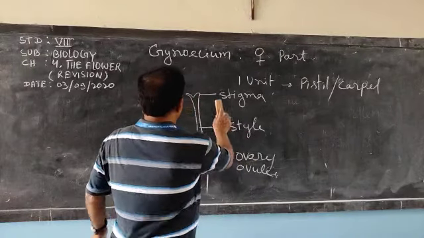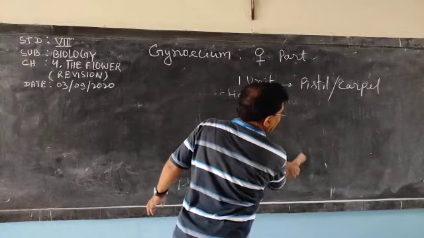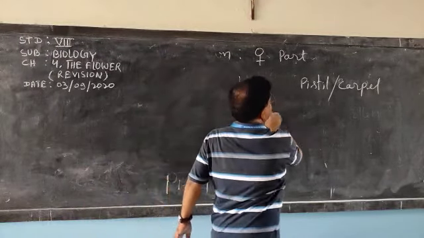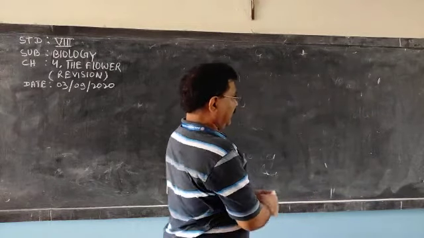Now, what are the essential parts of the flower and what are non-essential? Try to understand.